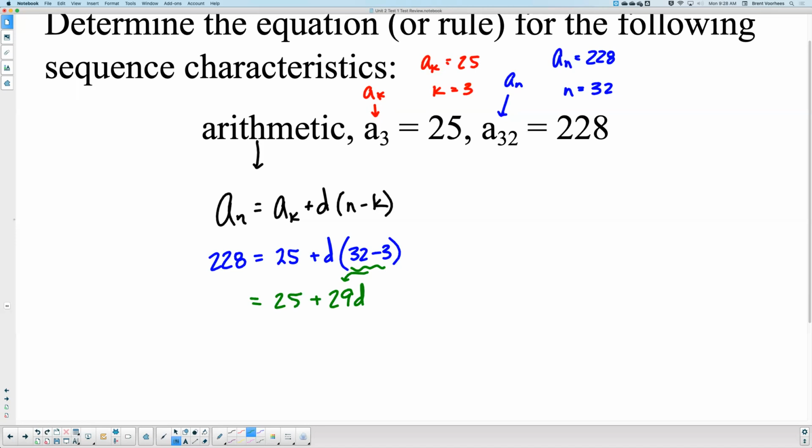All right, what would I do now to solve this problem? Subtract 25. I heard Chris say that it's 204. Is that what he said? No, he said 203. Do y'all agree with that math? So 203 equals 29D.